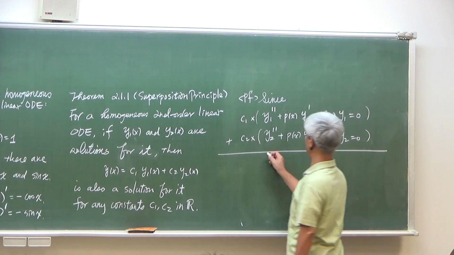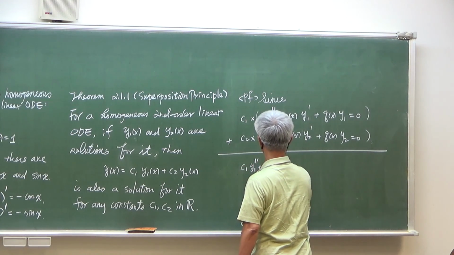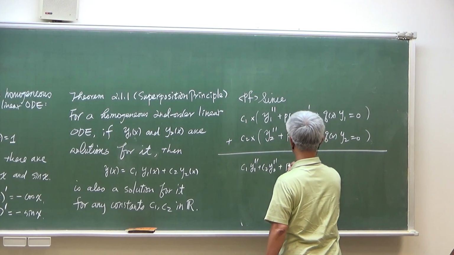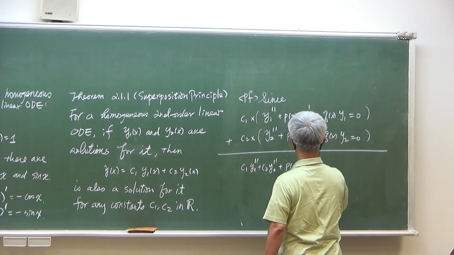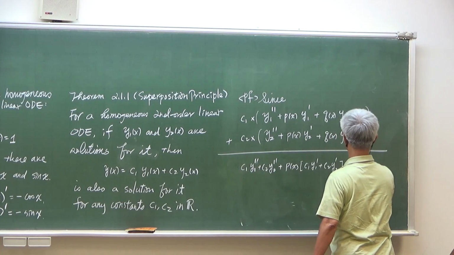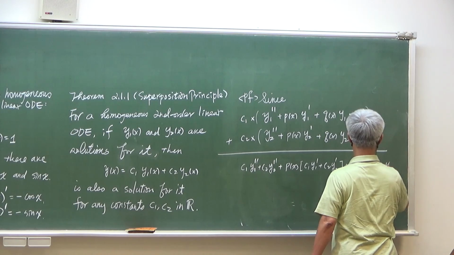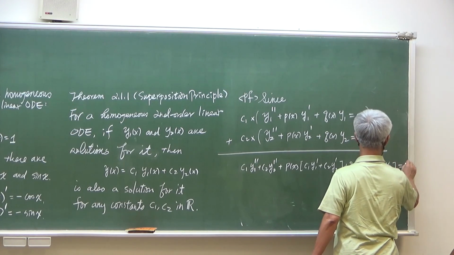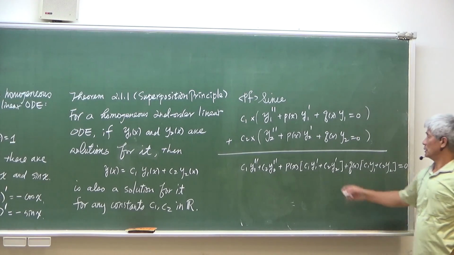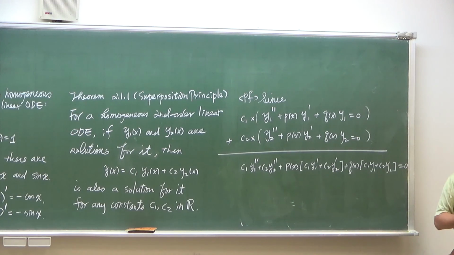So we have C1 times the first equation plus C2 times the second equation equals zero. So this result is a purely algebraic result.